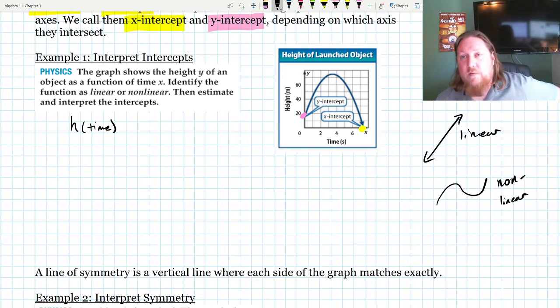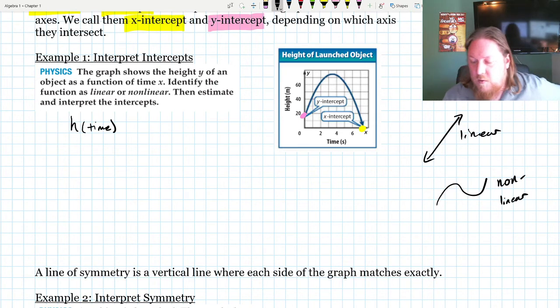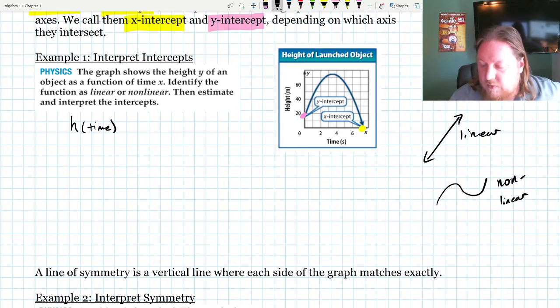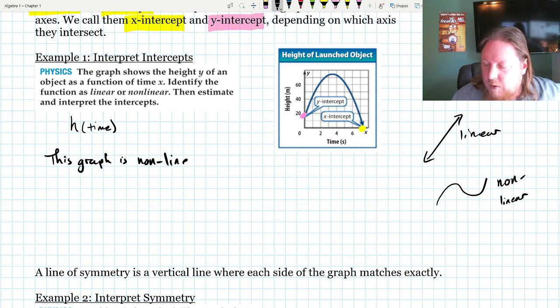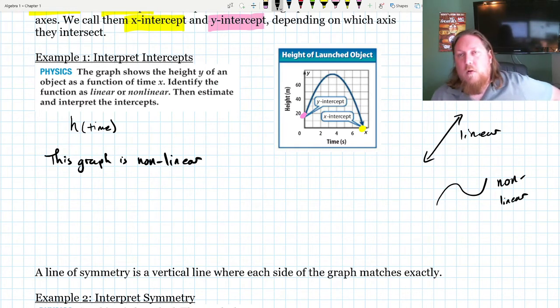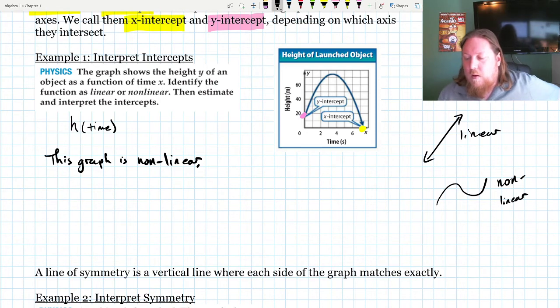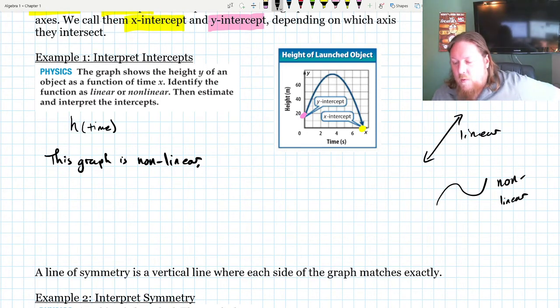So, does this graph curve at all? Yes, it curves. So we're going to classify it as nonlinear. So this graph is nonlinear. All right. Now, we're going to then estimate and interpret the intercepts.